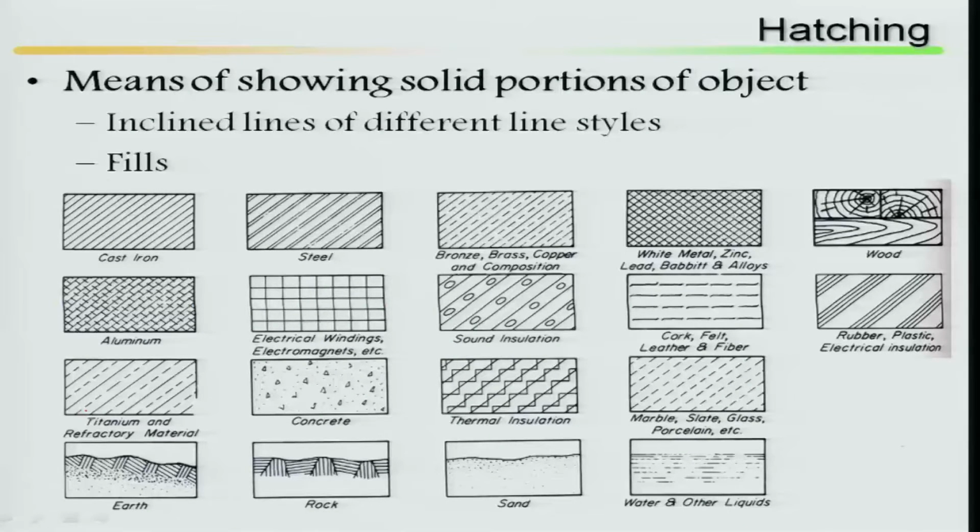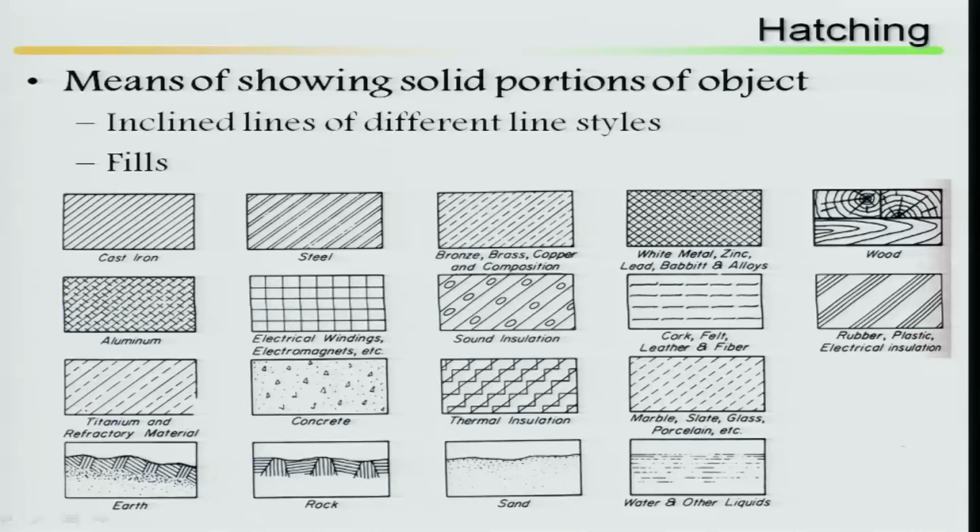Now, come to your hatching. For different materials there are different types of hatchings. Once you put that hatching during sectioning, it shows what kind of material it is made of.